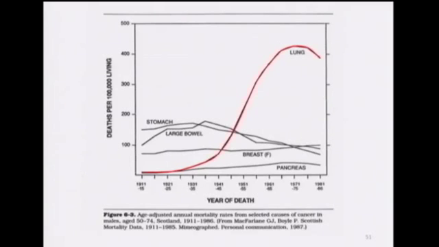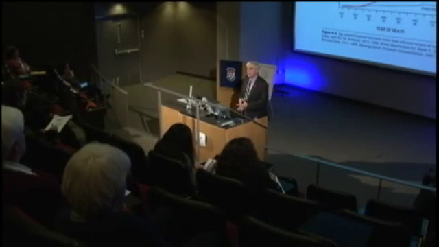Coming back to this curve here, we saw lung cancer. Look at the stomach cancer curve. Stomach cancer for epidemiologists is very interesting because if you go back to the early 20th century, it was the number one killer in terms of cancer. And that cancer gradually declined over time and continues to decline.